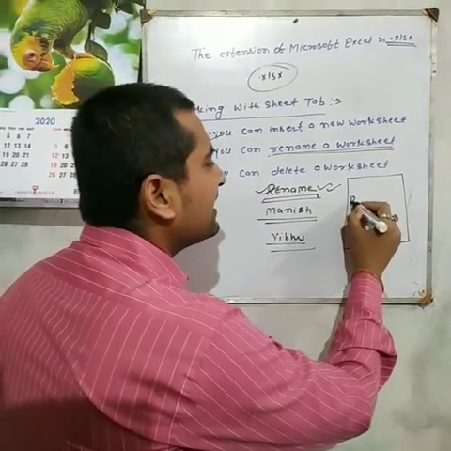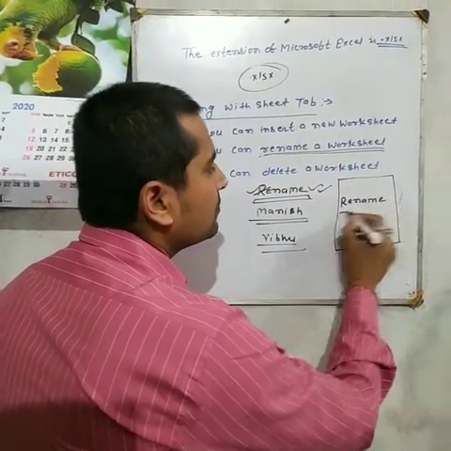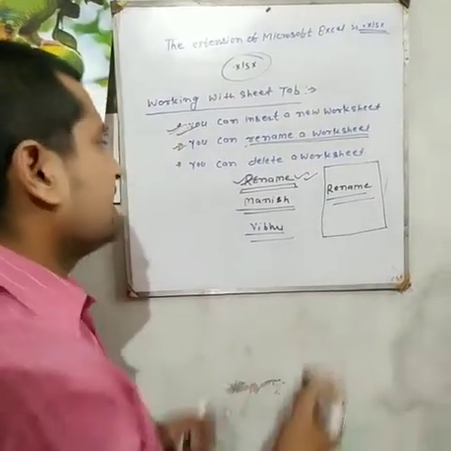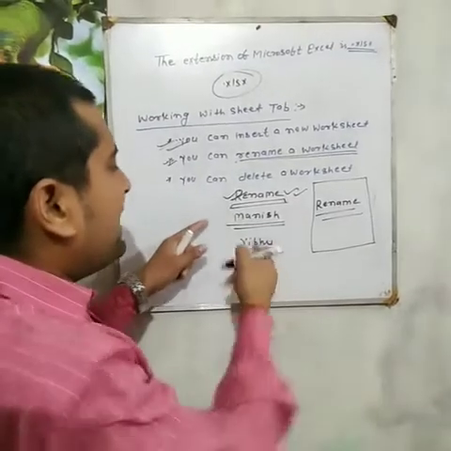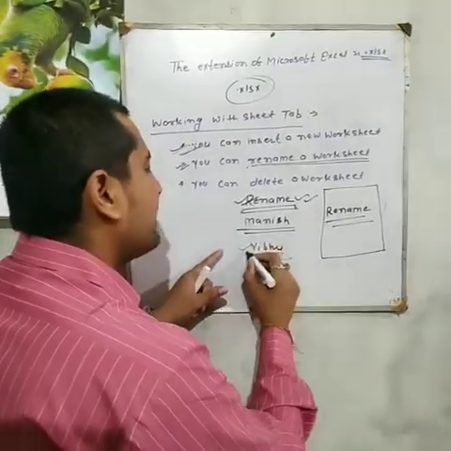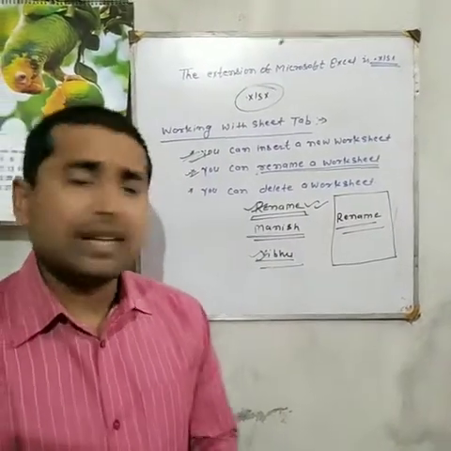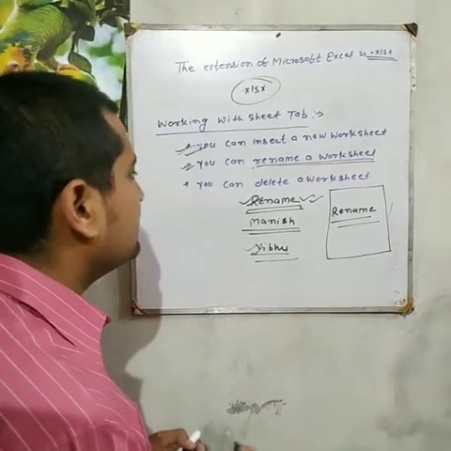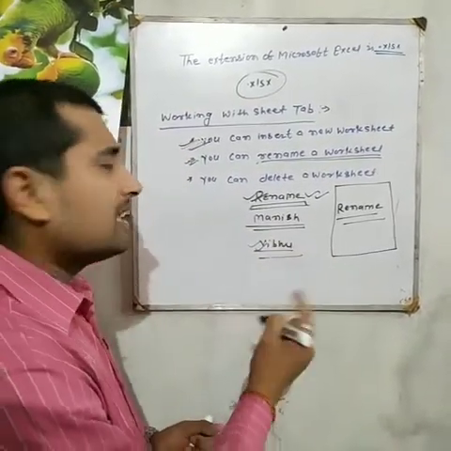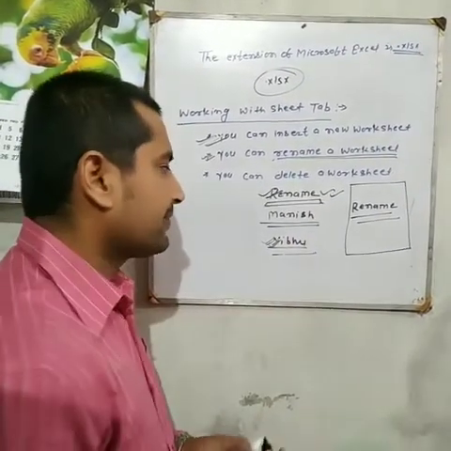Click on rename. Then replace with the new name. Then type the new name and click on OK button. The sheet tab will be replaced with the new name.